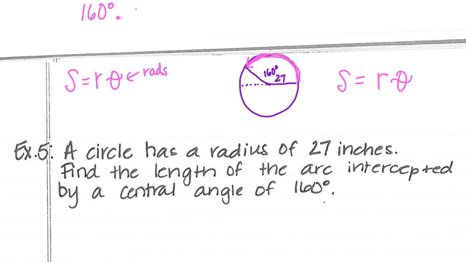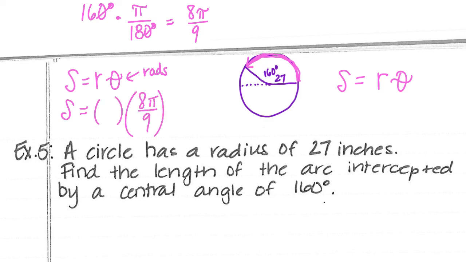We know that theta was stated in radians, so we need this in radians. So I'm going to multiply this by pi over 180, and I'm going to go ahead and reduce. So it looks like this is going to be 8 pi over 9, because 16 divides by 2 8 times, and 18 by 2 9 times. So now I have my radians are 8 pi over 9, and my radius is 27.